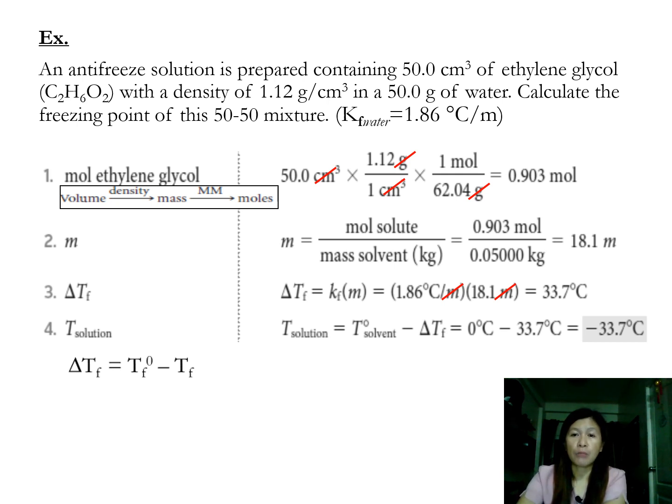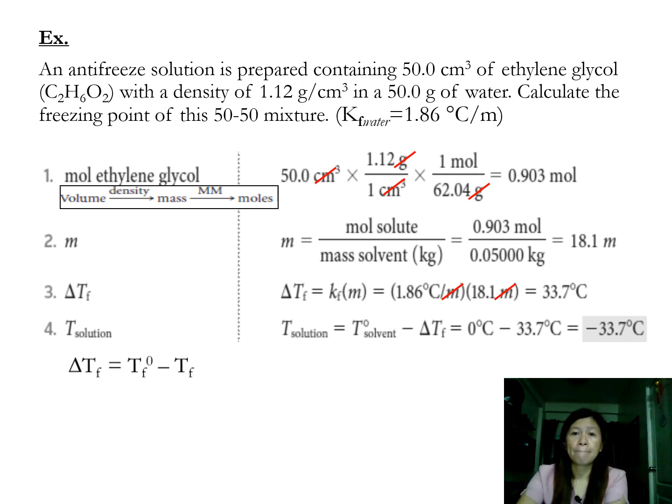Degrees Celsius per molal multiplied by the calculated molality or concentration of the solution in step 2, 18.1 molal. We cancel the unit molal. We now have temperature left as the unit. 1.86 times 18.1 will give us 33.7 degrees Celsius.